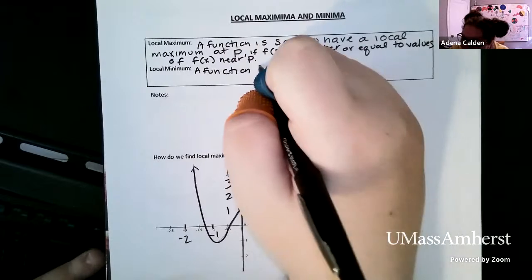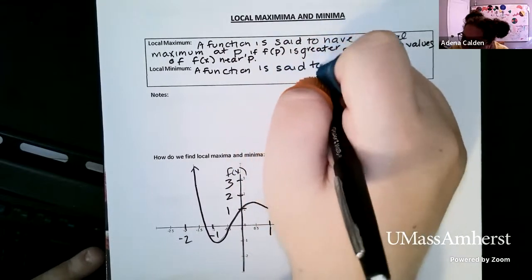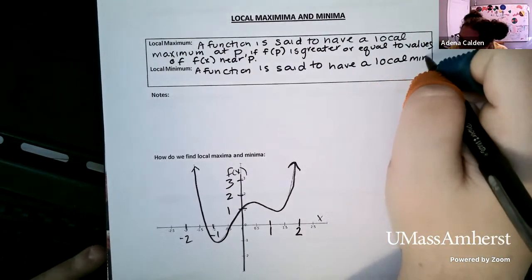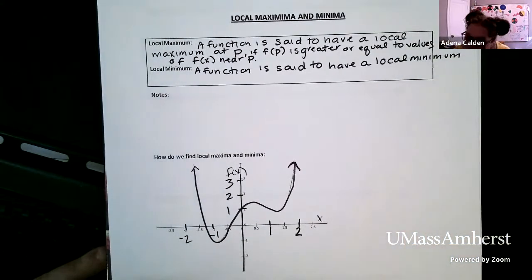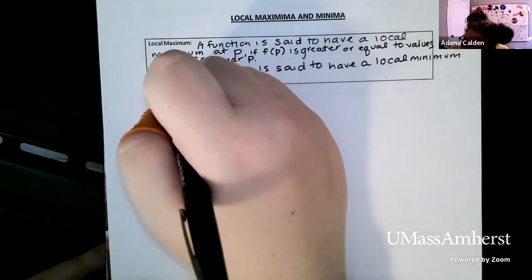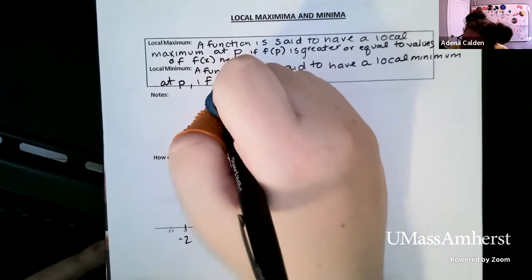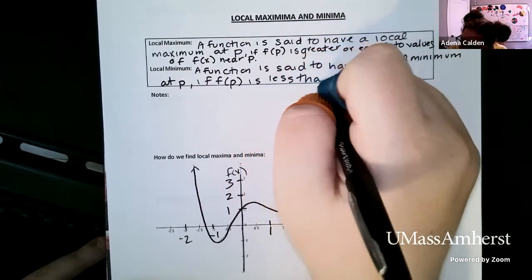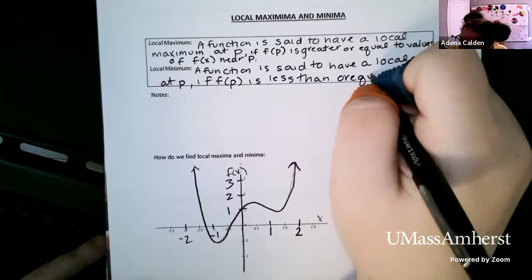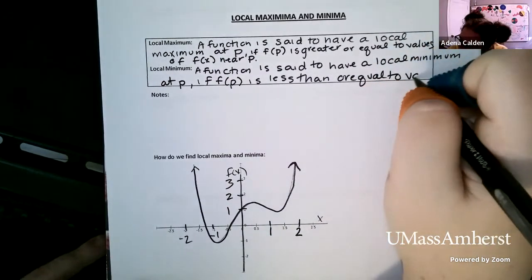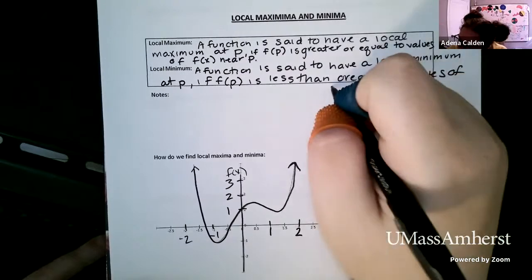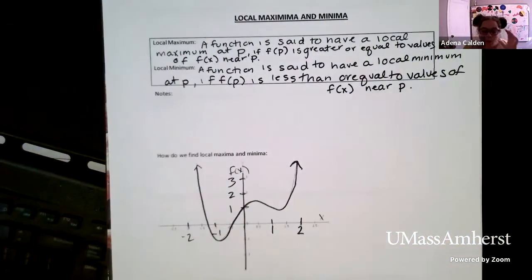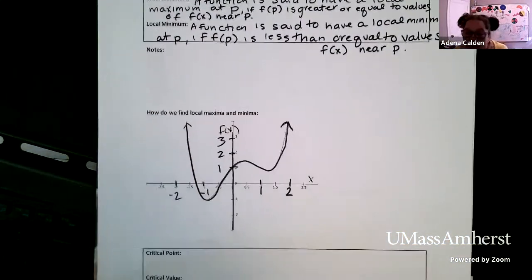A function is said to have a local minimum, which we'll often call a local min, at p if f of p is less than or equal to values of f of x near p. Okay, so what does this mean, like near p?